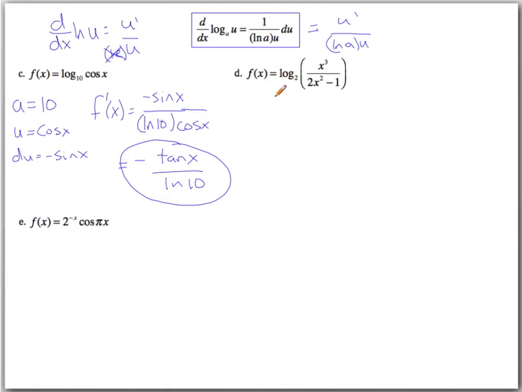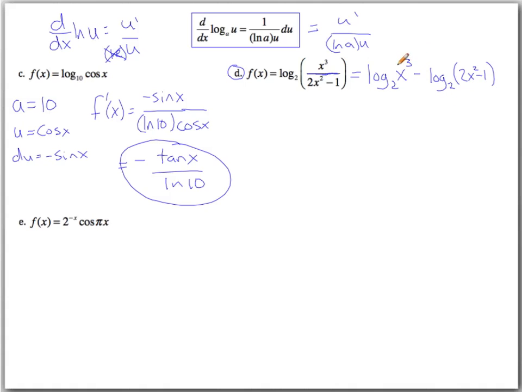All right. Now in example D, here we have log base 2 of x cubed over 2x squared minus 1. And because we have a division here, we can use our properties of logs. And so we want to rewrite this actually as log base 2 of x cubed minus log base 2 of 2x squared minus 1.